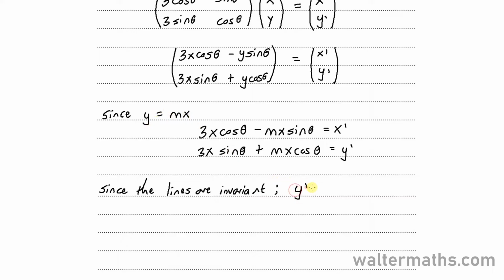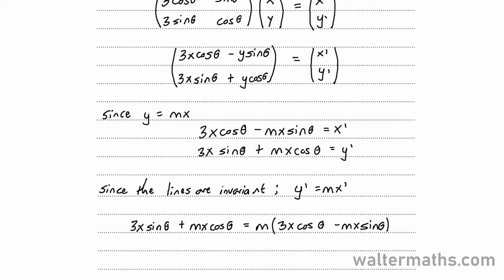So that's y dash should be equal to m of x dash. So y dash is the 3x sine theta plus mx cos theta. So it has to be equal to m of x dash. X dash is the first equation. That's 3x cos theta minus mx sine theta.